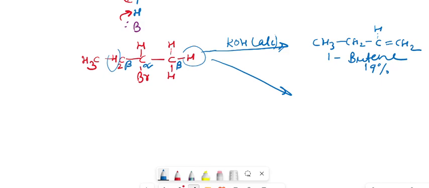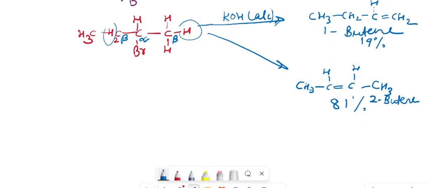This is also a beta carbon. Then the product is CH3CH double bond CHCH3. Its yield is 81%, and this is 2-butene.